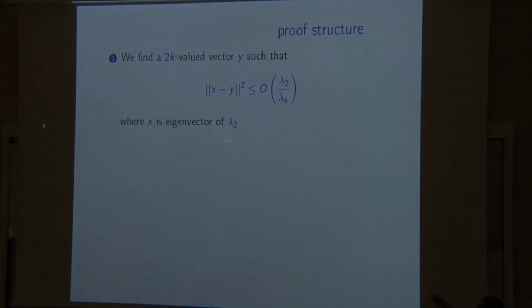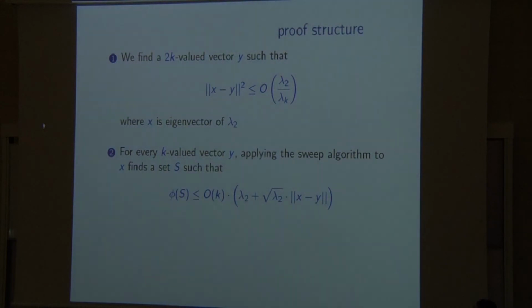And sort of this shows that some kind of clustering of the values of the entries of the eigenvector is necessary for all graphs where there is a gap between lambda 2 and lambda k. And the other result says that in every graph where the eigenvector of lambda 2 looks like this, you have an improved analysis of Fiedler's algorithm.